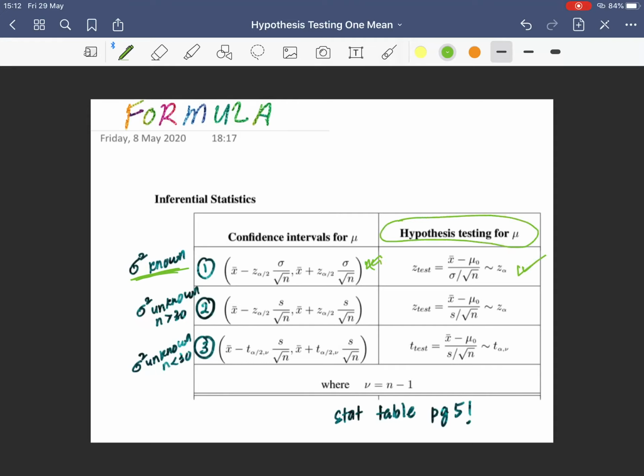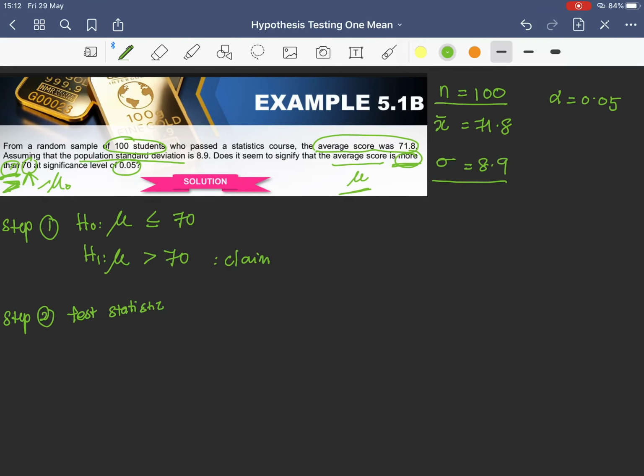Hypothesis testing for mu. So the test is Z test. Okay, the formula is Z test is equals to x bar minus mu naught over sigma over square root n.